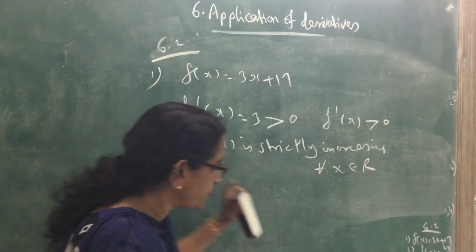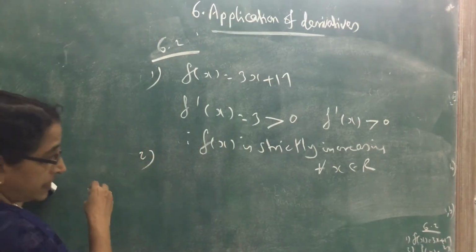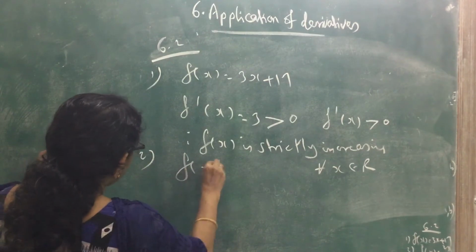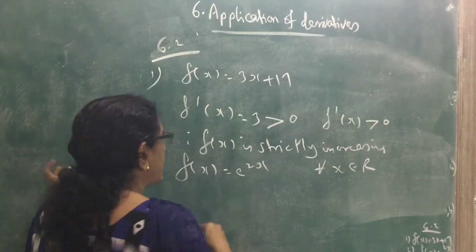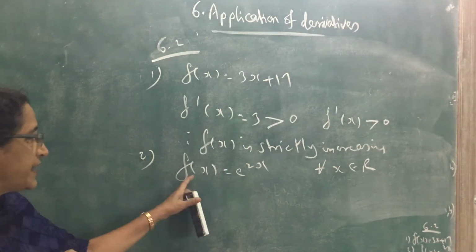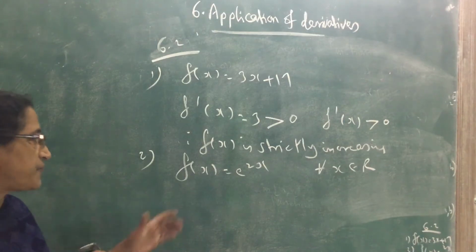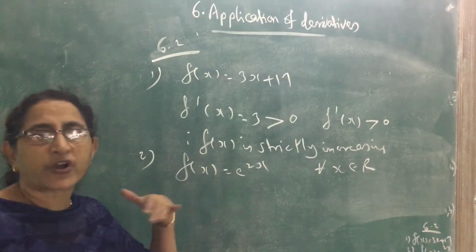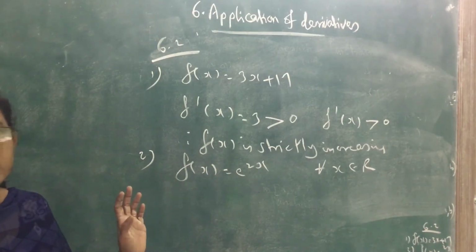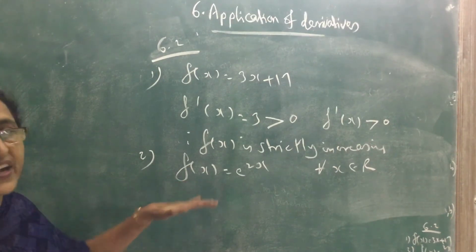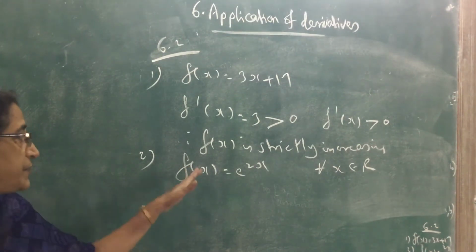Then question number 2. F of x equal to e raised to 2x. Here also we have to prove that the function is strictly increasing for every x belongs to R. Here also we will find the first derivative, f dash x.